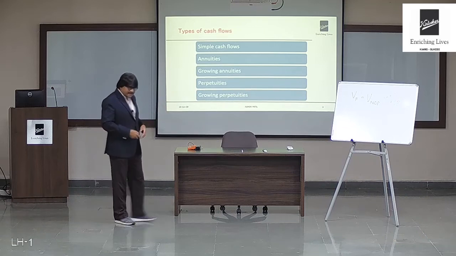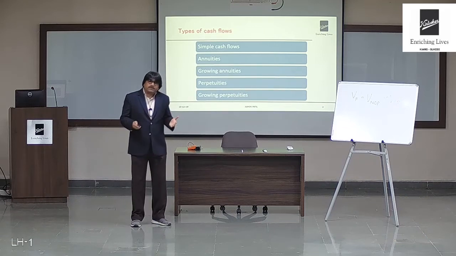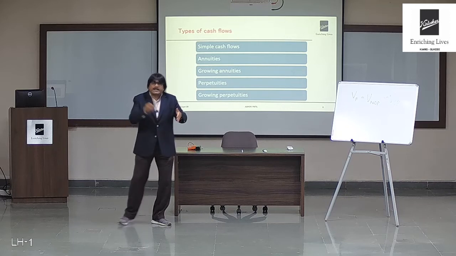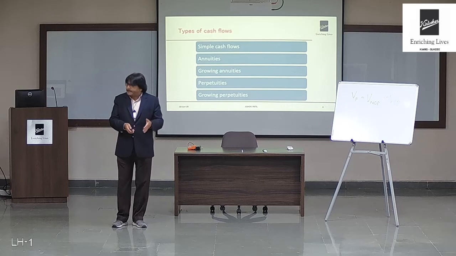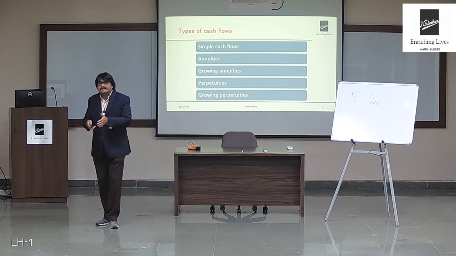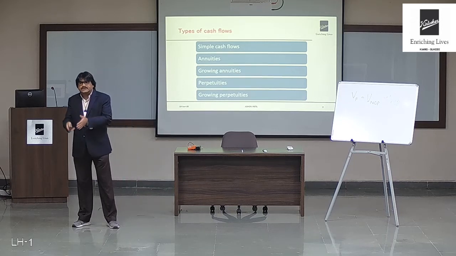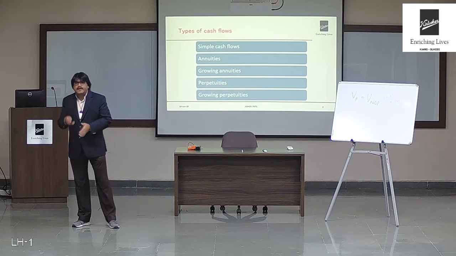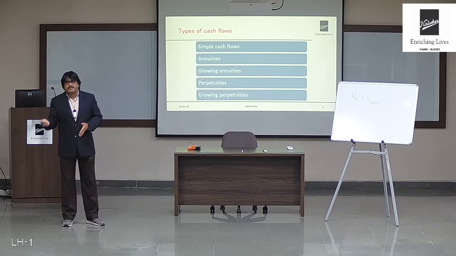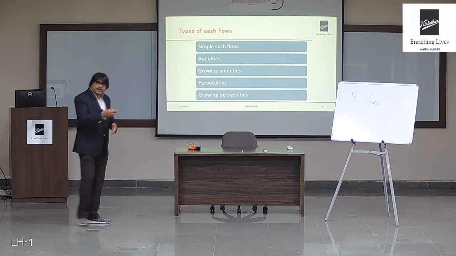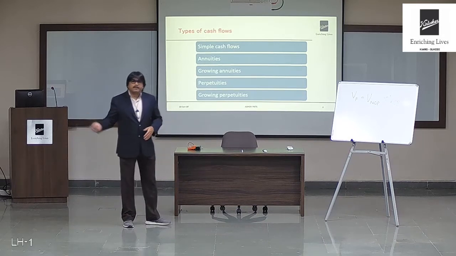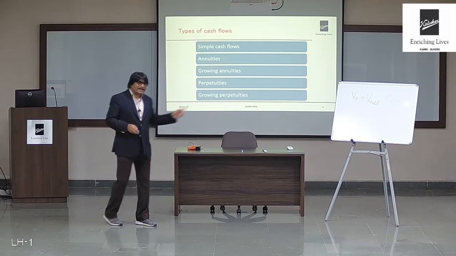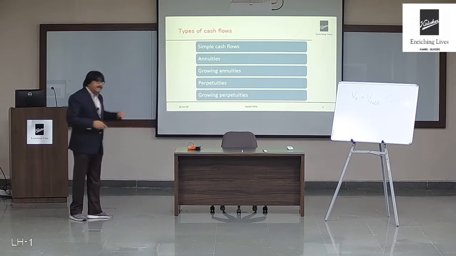And of course, as the name suggests, growing annuities are not constant but growing at a constant growth rate. So maybe the cash flow generated is 100, and then the cash flow in year number 2 will be 100 into some growth rate, let's say 5%. We know the cash flows are changing over the period, but the growth rate is constant. In that case, we can use growing annuities.